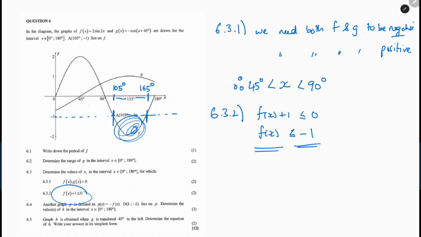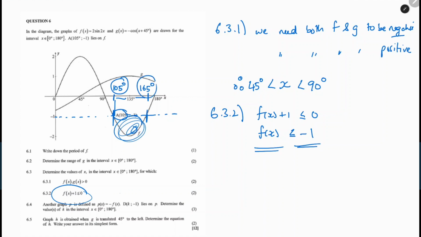Again, we know that this value here is 105, that's given to us by A, and here we've got 135 in the middle, so we're going to have to go another 30 degrees to get to the x coordinate of this point here.